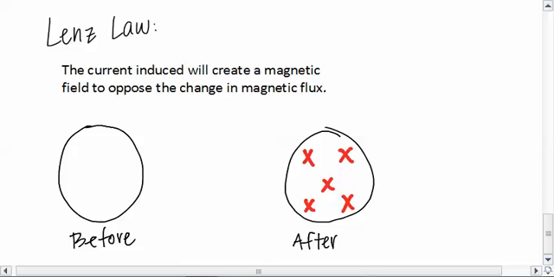Exactly. So this wire has these charges that are just sitting there. And then when we add the magnetic field to it, it's relative movement, so all the little charges are forced. And so then they start moving, and together they are a current.